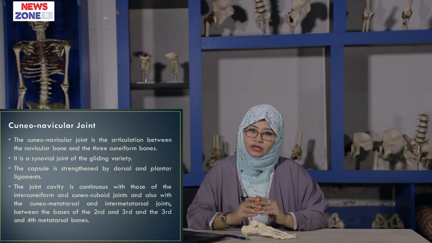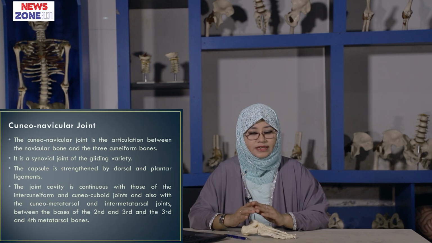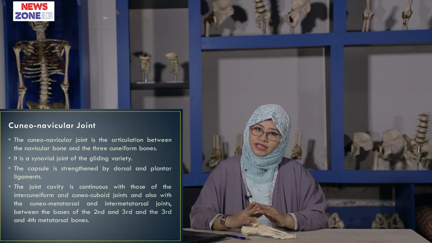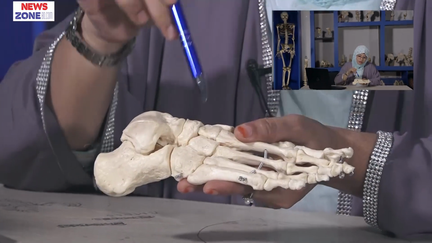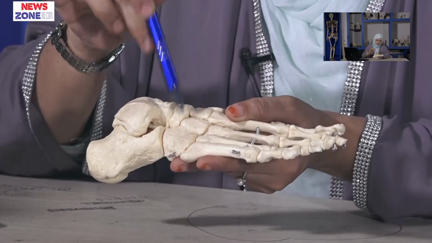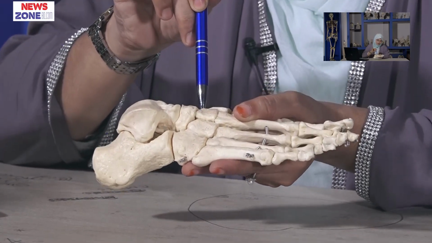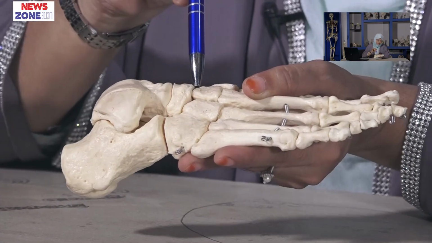Now, cuneo-navicular joint. The cuneo-navicular joint is the articulation between the navicular bone and the three cuneiform bones. This is the navicular bone and these are the three cuneiform bones, and in between them the cuneo-navicular joint is formed.